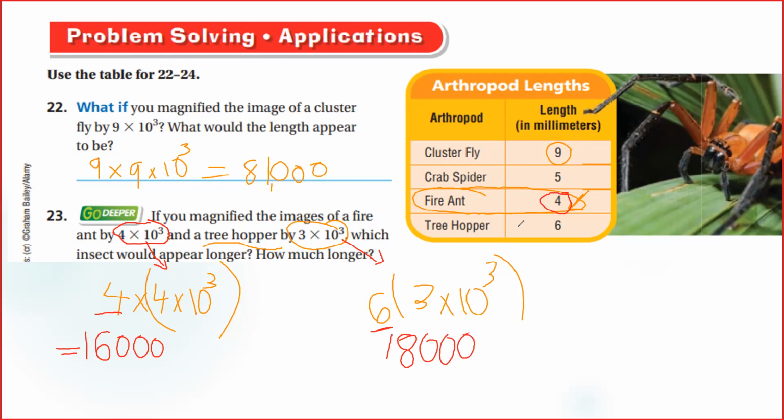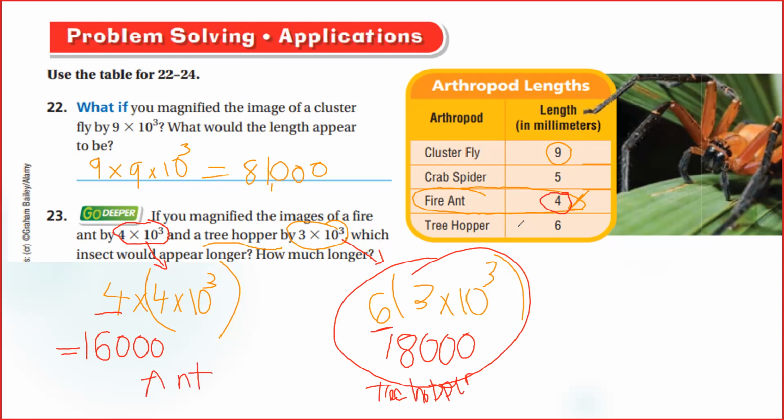Bravo. Now, which insect would appear longer? Bravo. The second one, which is the tree hopper. This one is for the tree hopper, and the first one is for an ant.